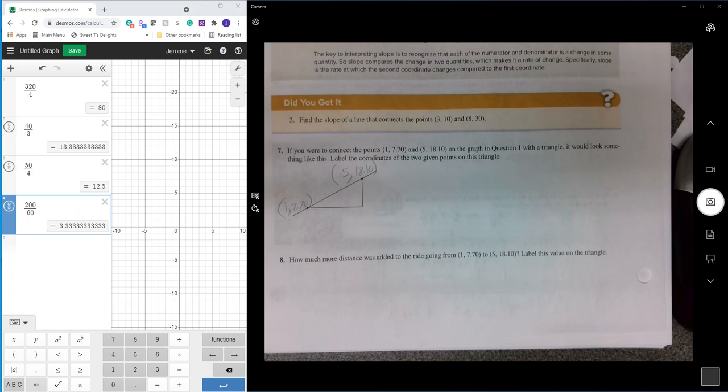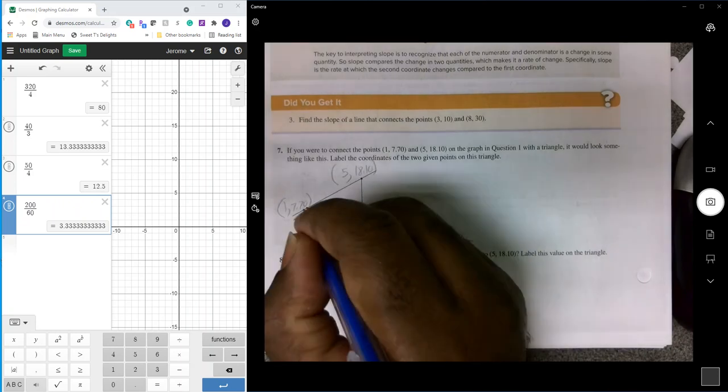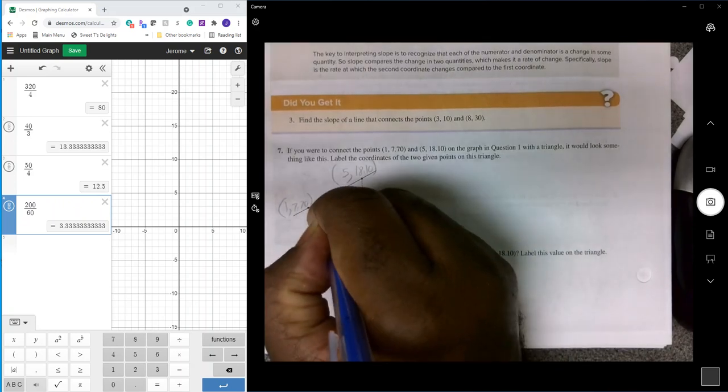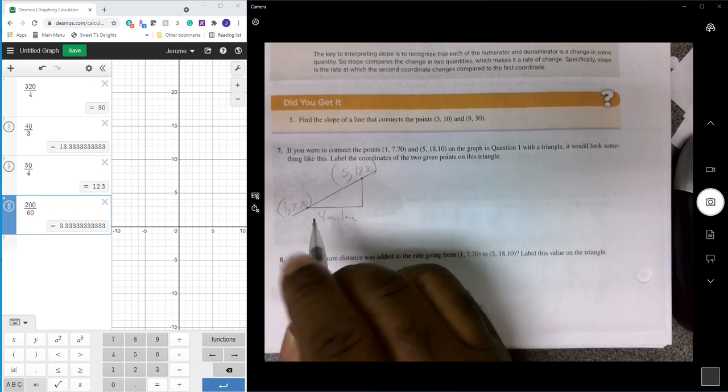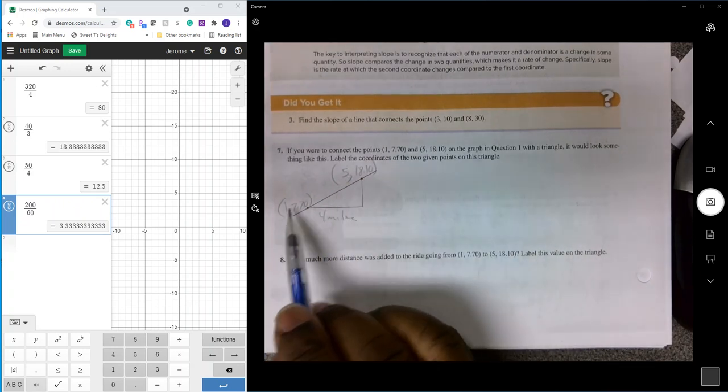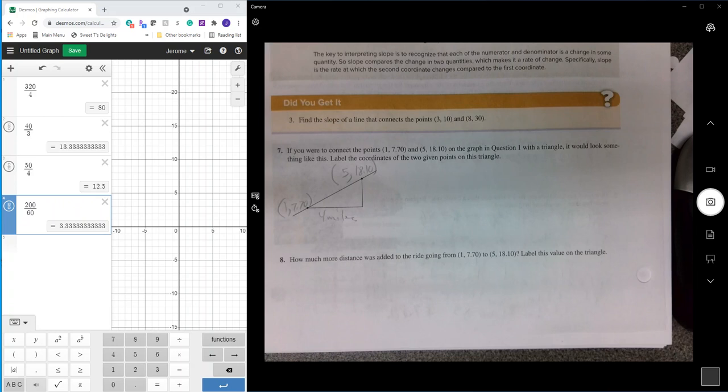All right. It says how much more distance was added to the ride going from 1, 7.70 to 5, 18.10. And it says label this value on the triangle. So if you think about it, from here to here, this would be 4 miles. Because remember, this is the x value. So the difference in the x values would be 4 miles.